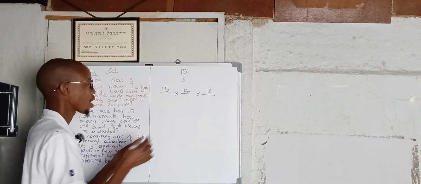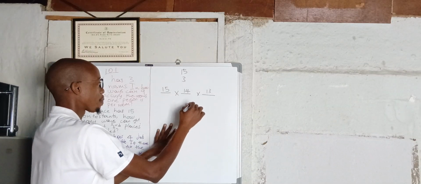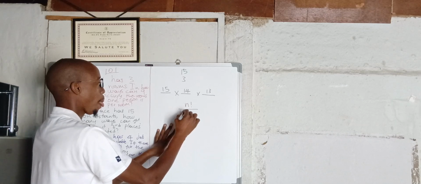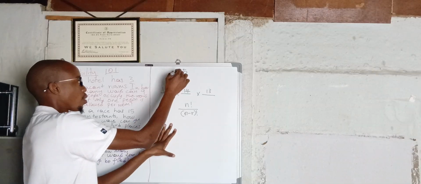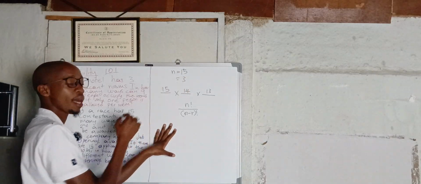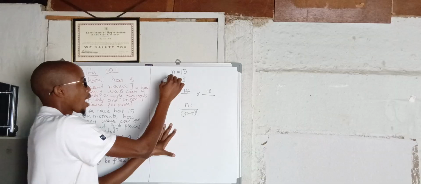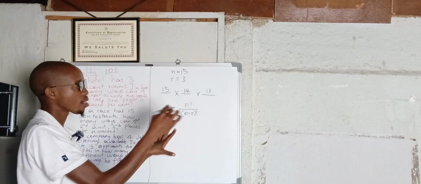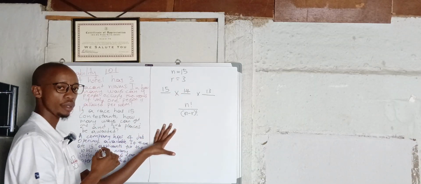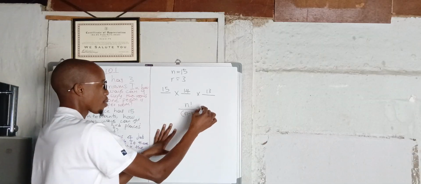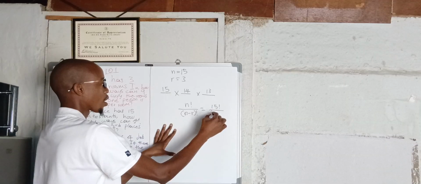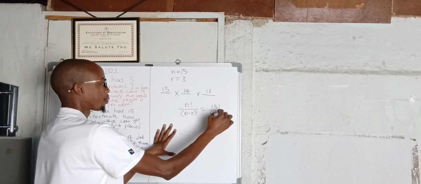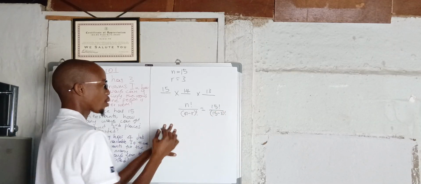Method number 2 would be using my favorite formula, n factorial all over n minus r factorial. So n is the number of contestants. The r is the positions, the winning positions. So we'll substitute and say 15 factorial all over 15 minus 3, factorial.